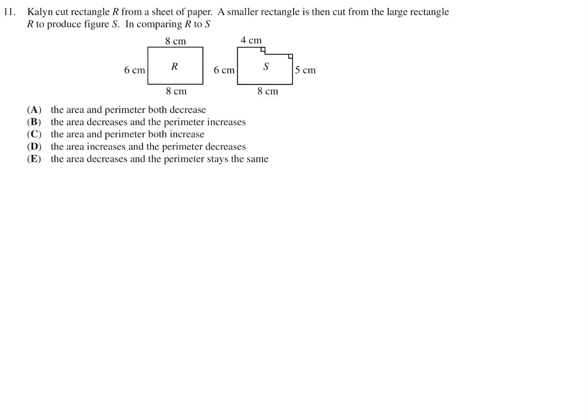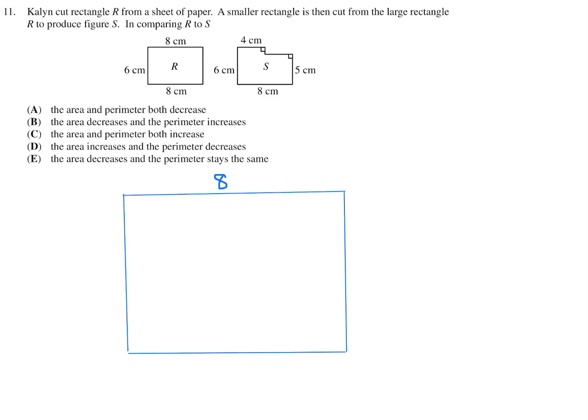So let's draw this out a little bit bigger, and what we'll do is we will compare both. So the first one is R, and we've got 8, 8, 6, and 6 on this side. So let's calculate the area and the perimeter because all of these answer choices are talking about area and perimeter.